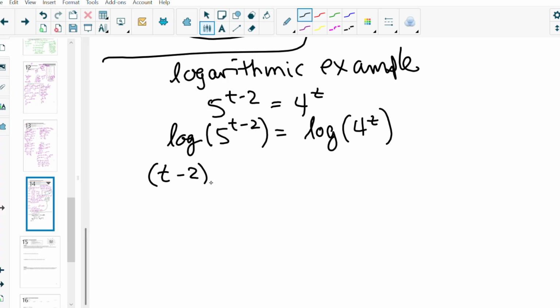So for a logarithm, the property, I can bring the exponent down, and now it looks like a coefficient, and I'm left with log base 10 of 5. And same thing here, bring the exponent down as a coefficient, log base 4.